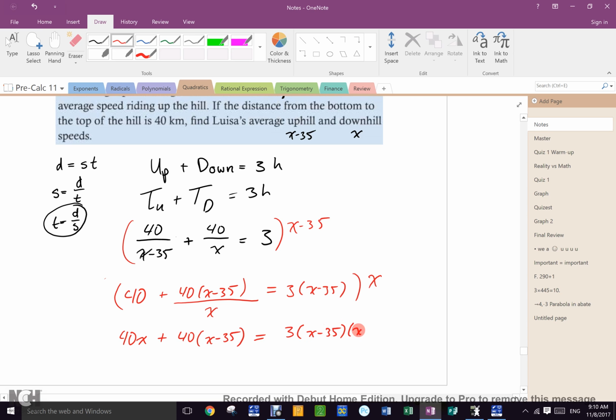And then I've got to multiply that guy by x now, yes? Now, are all those denominators gone? Are we happy now? Because we can tidy this up, right? 40x plus 40x minus 40 times 30 is 1200, and 40 times 5 is 200, so that's 1400, equals 3x minus 105 times x is 3x squared.